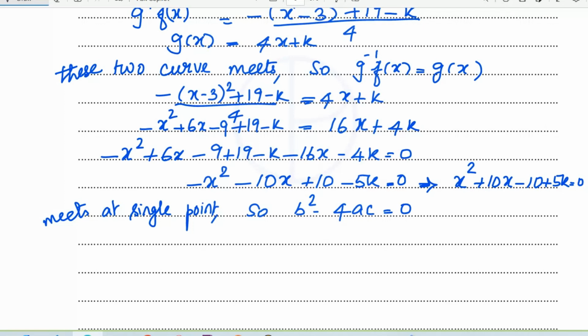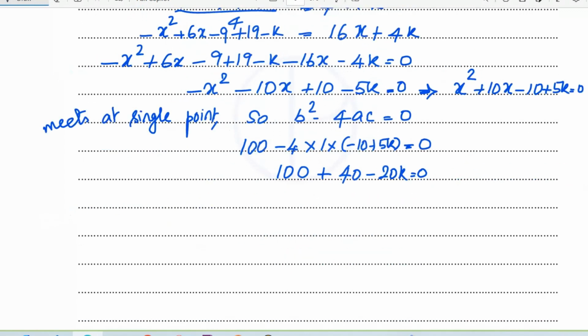Now b square is 10 square, that is 100, minus 4 multiplied by 1 multiplied by (minus 10 plus 5k) equal to 0. So 100 plus 40 minus 20k equal to 0. So 20k equal to 140. So k is equal to 140 divided by 20, which is 7.